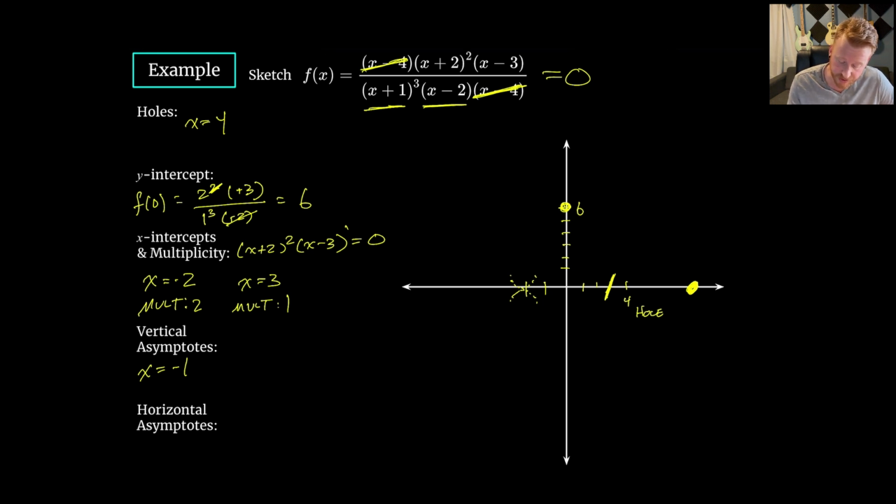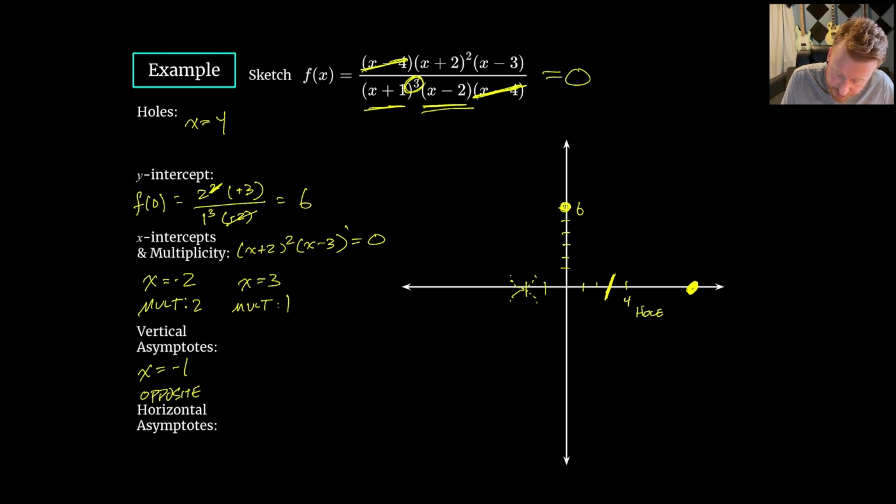Since there is a cube there, that means, since we have an odd power here, it's going to act kind of like the graph of 1 over x cubed, where the sides go opposite directions. So I'm just using what I know about 1 over x cubed to think about the behavior around this vertical asymptote at x equals -1.